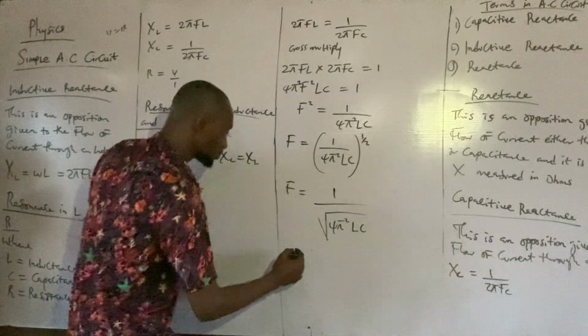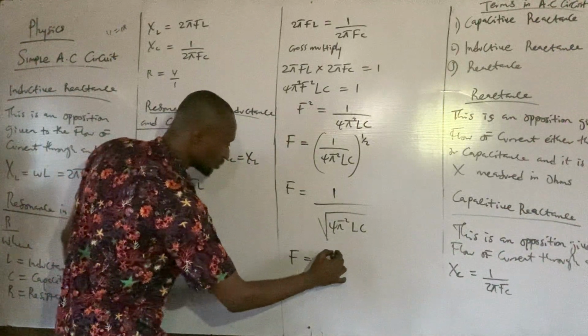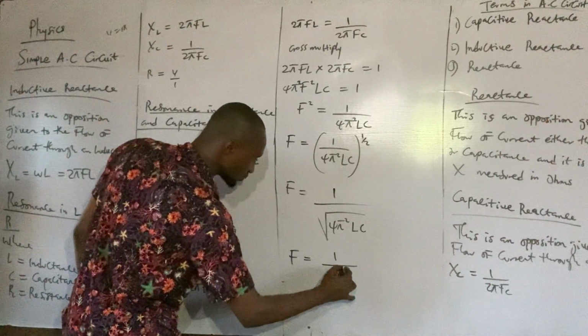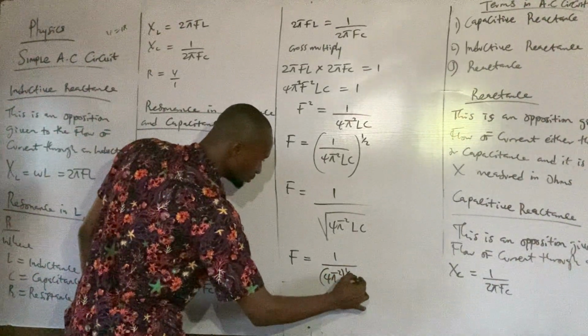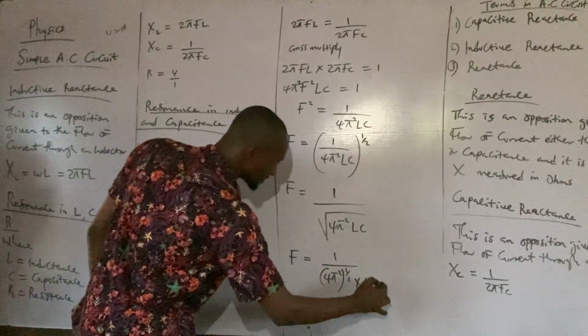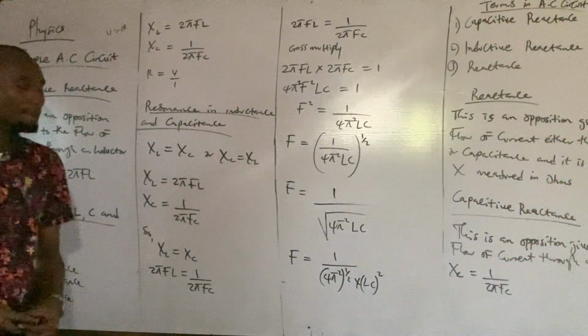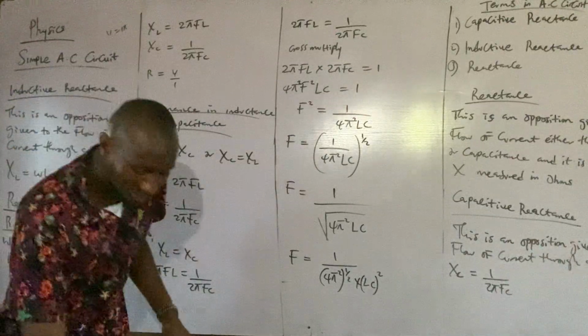So now F is equal to 1 over 4 pi square, then 1 over 2 times LC square.